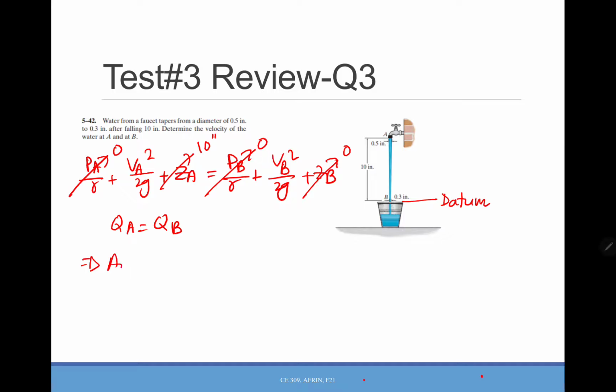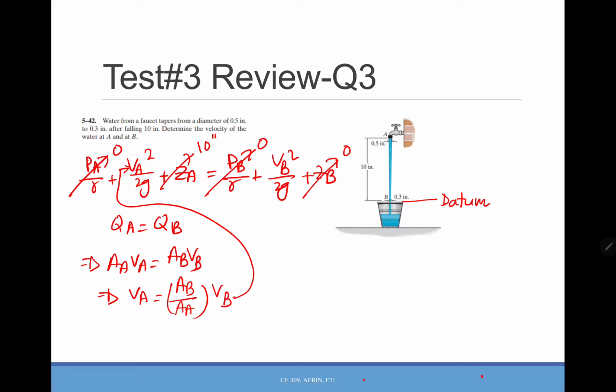So AA VA equals AB VB, and you can express this in terms of VB, then use this value here, and finally you can calculate the VB. Once you know the VB, you can calculate VA.